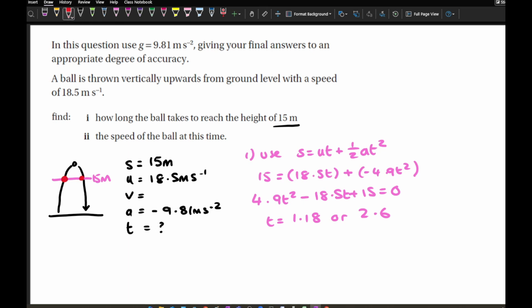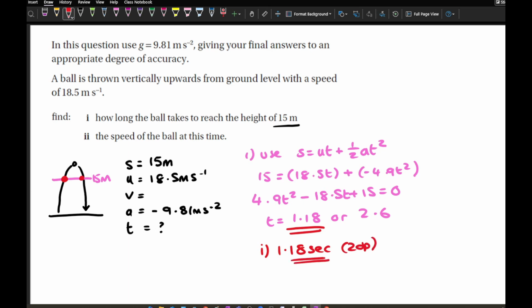On the way up, it passes the 15 meter mark, it hits its peak, and then on its way down it goes past that 15 meter distance, and then it comes back down. So this will be the time for the ball to hit the height of 15 meters first. So for part 1, the answer is 1.18 seconds, to 2 decimal places.